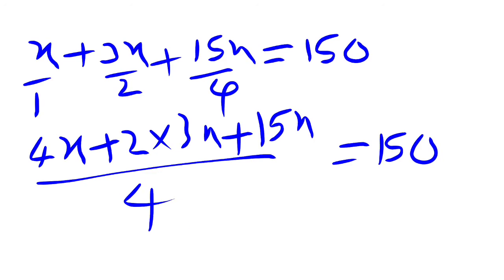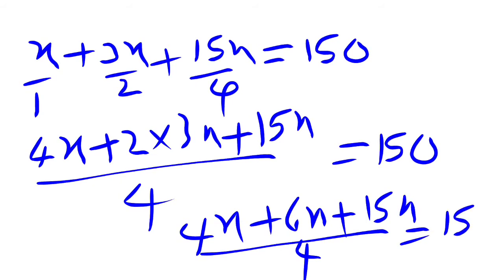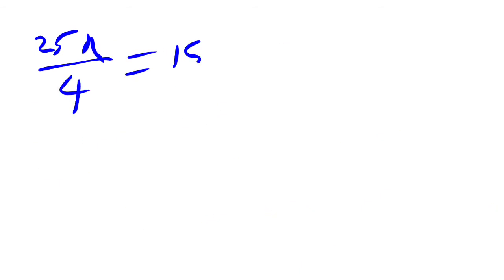So now 4x plus 2 3s are 6x plus 15x, divided by 4 equals 150. 4x plus 6x is 10x, 10x plus 15x is 25x divided by 4 equals 150.